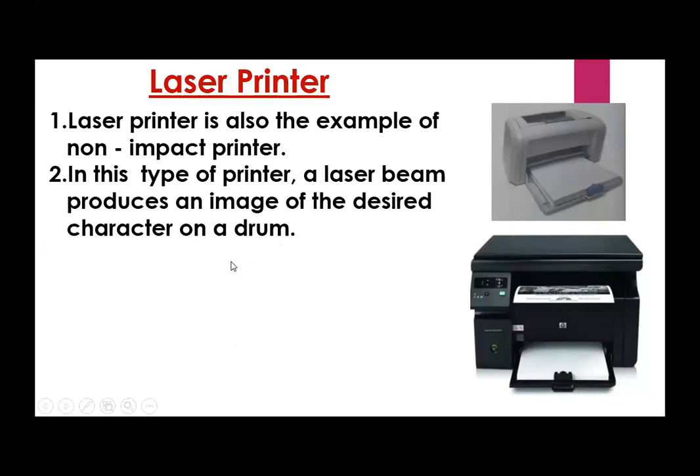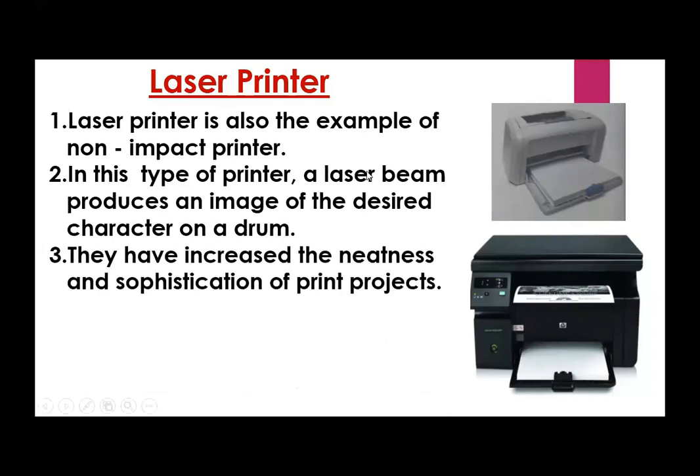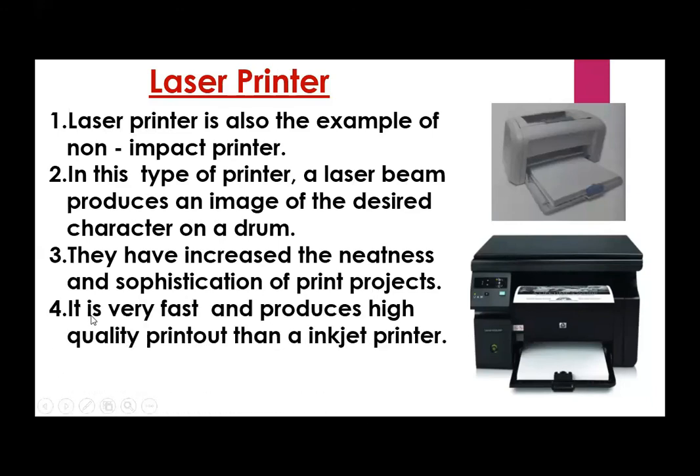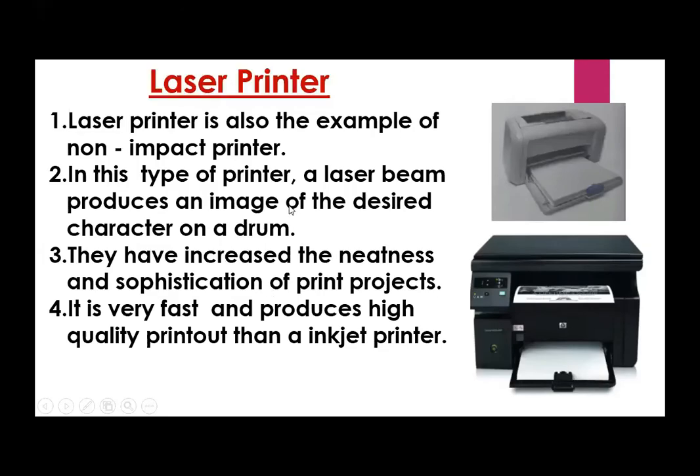It gives high quality output with increased neatness and sophistication of the printout. It is very fast and produces higher quality printouts than inkjet and dot matrix. So this is the information regarding dot matrix, inkjet and laser printers. It is very useful and we use laser printers nowadays.